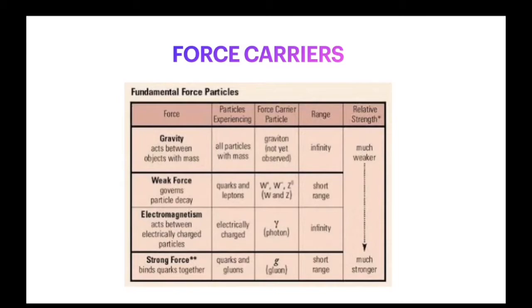The weak and strong forces are effective only over a short range and dominate only at the level of subatomic particles. Despite its name, the weak force is much stronger than gravity, but it is indeed the weakest of the other three. The strong force, as the name suggests, is the strongest of all four fundamental interactions.